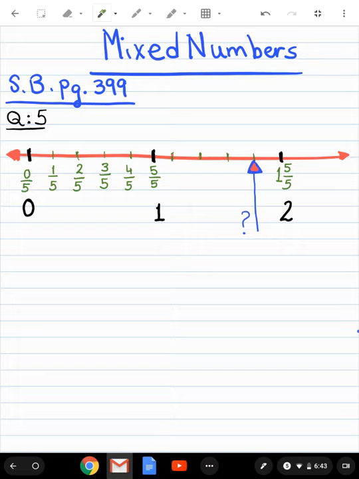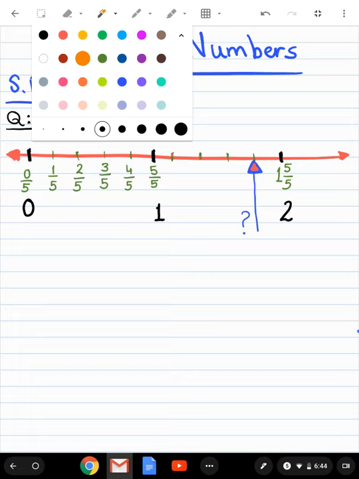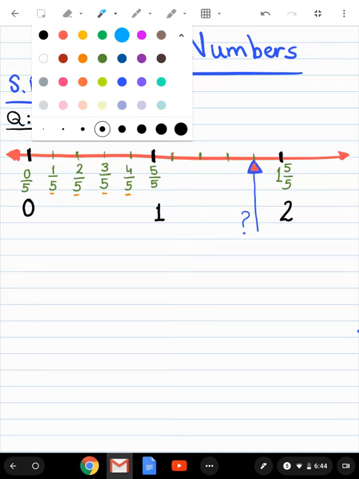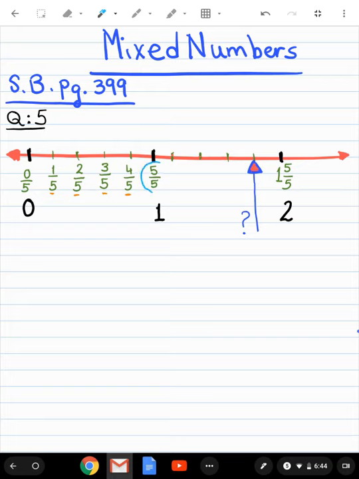From the 0 here, we will write the first part as 0 out of 5, then 1 out of 5, 2 out of 5, 3 out of 5, 4 out of 5, then the 1 will be 5 out of 5, which is 1 whole. So this is 1 whole.